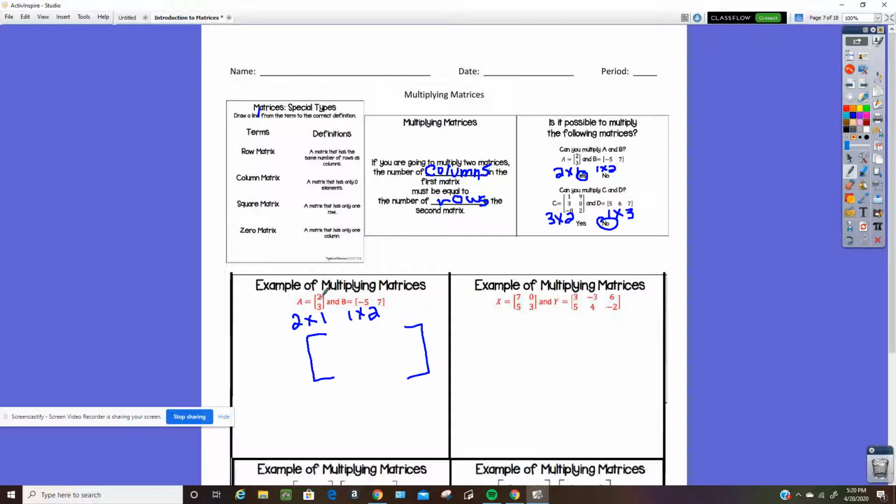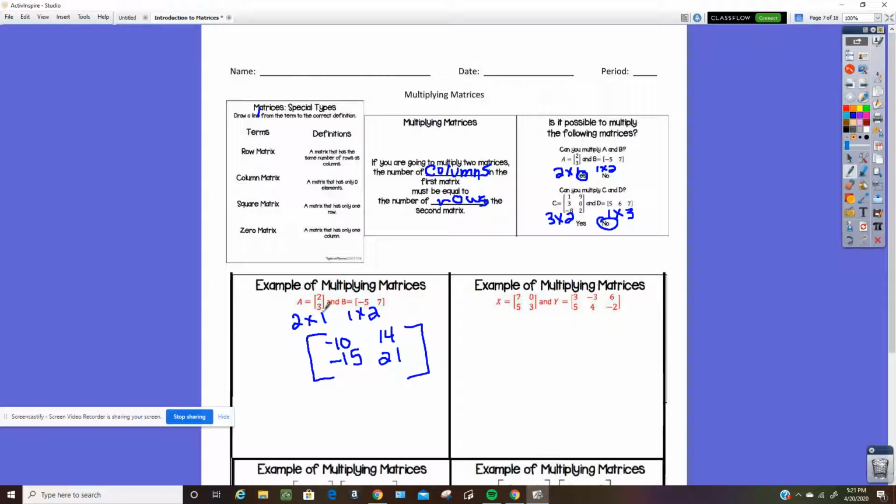So 2 times negative 5 is negative 10. And then we sum the products, but there's only one product here, 2 times negative 5. And then 2 times 7 is 14. And then 3 times negative 5 is negative 15. And 3 times 7 is 21.